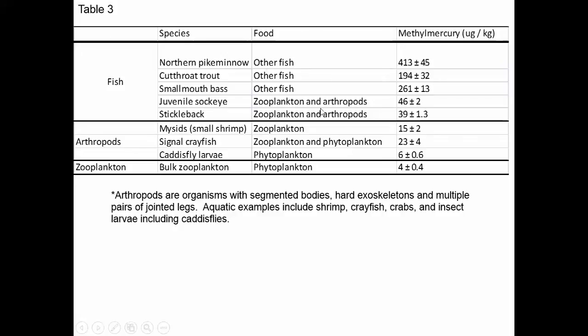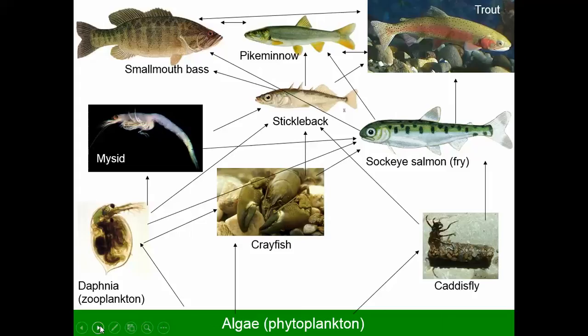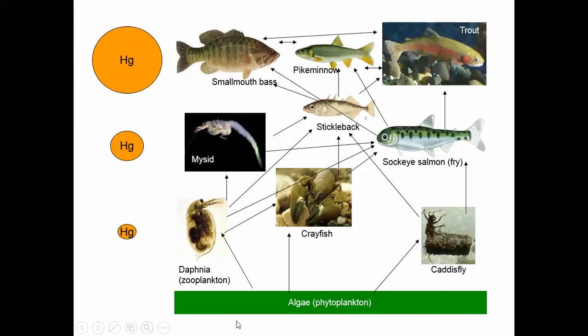So again, here is that food web. If we have small amounts down here with the algae, we see that it's only going to wind up growing until we get up to this pike minnow. And here is another diagram of that where we see smaller amounts of mercury lower in the food chain, and that amount of mercury continues to grow as we go up.